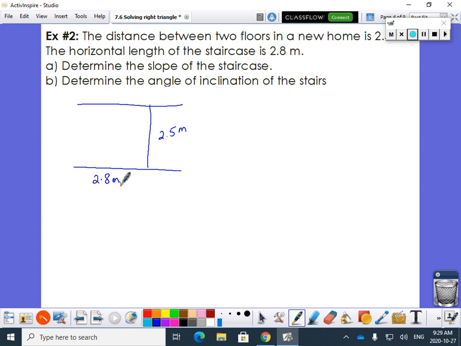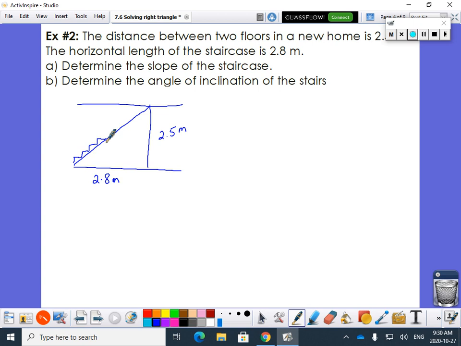So then we have this, and now I could draw in that. So first floor, second floor, distance between the two floors, horizontal length of the stairs, and now our actual stairs.